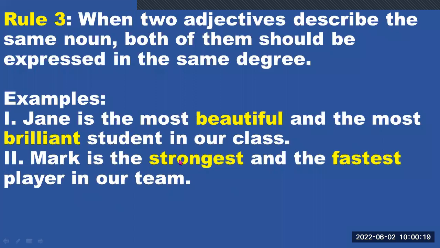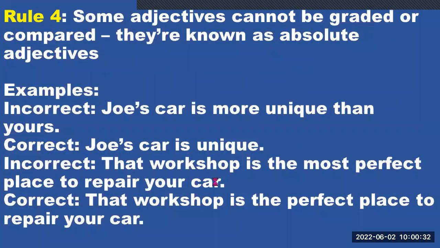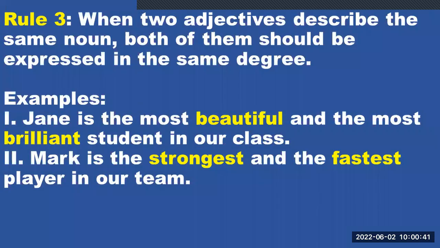Another example is Mark is the strongest and the fastest player in our team. Strongest is the superlative and fastest is also the superlative. Well, if I'm comparing two persons, you could use the comparative. You can say, for example, that Mark is the stronger and faster player if you are comparing him with another.